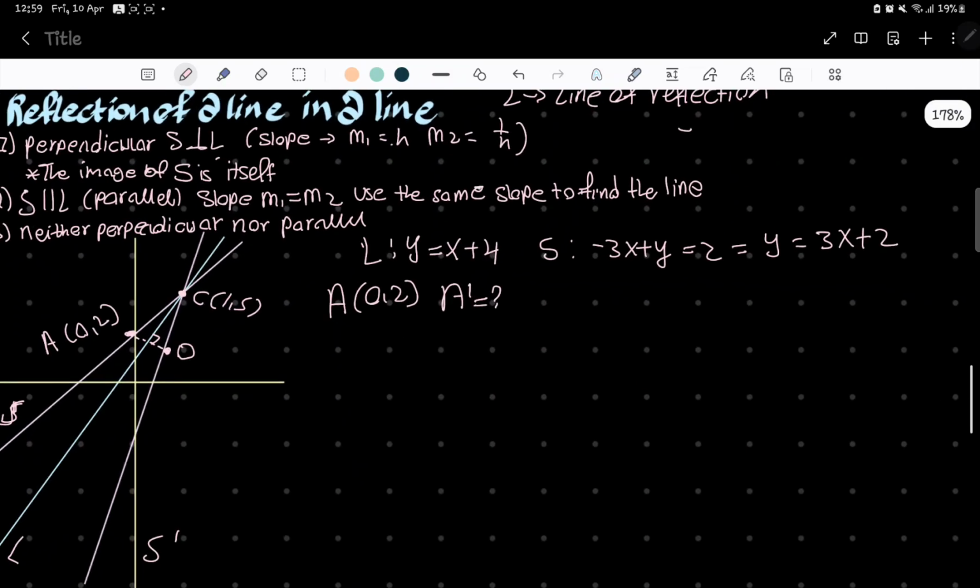So the slope of line D is going to be the negative reciprocal of the slope of the line of reflection. We do that because we need to find the equation of this line in order to find A prime. The slope of the line of reflection is 1, so the slope of D is going to be negative 1.